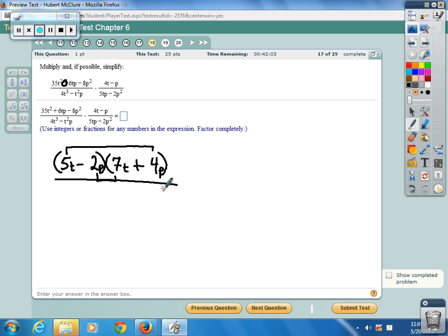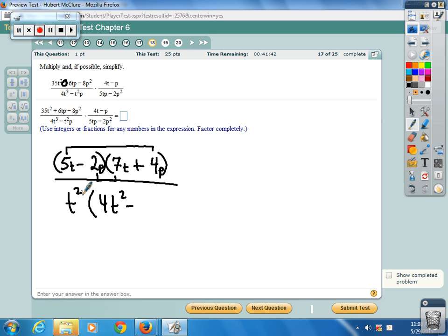Here, this looks like a shortcut, maybe if we were to take out T. That'll leave 4T squared minus TP. No, factor out T squared.